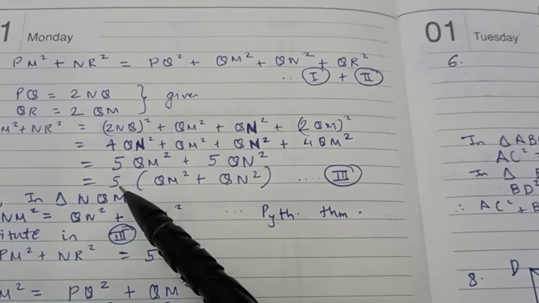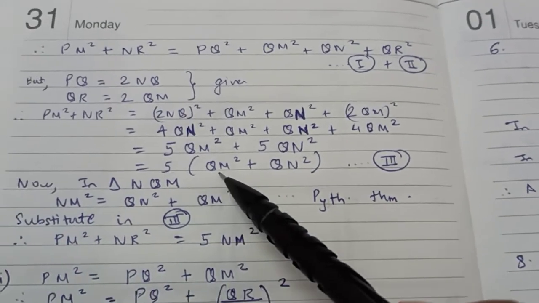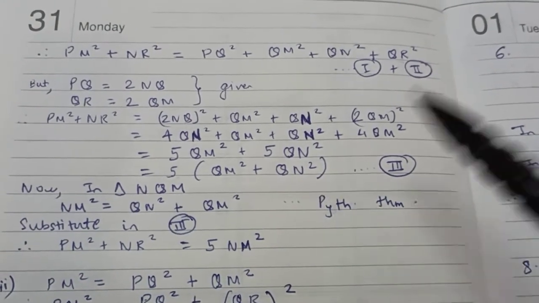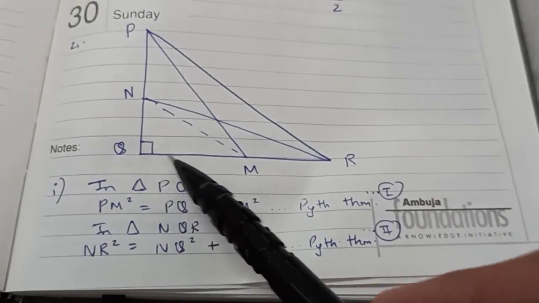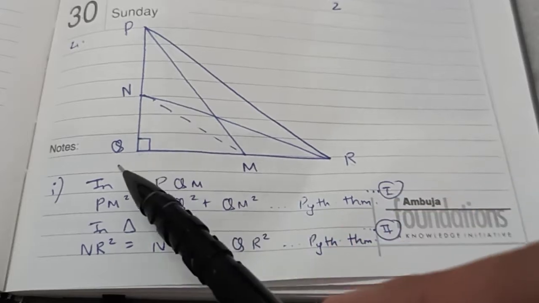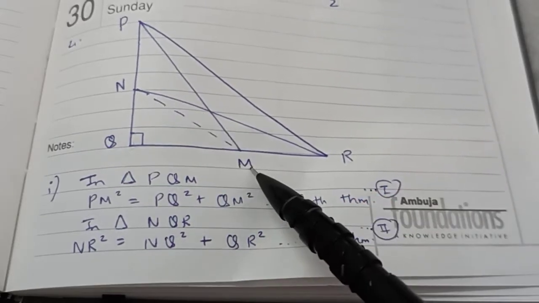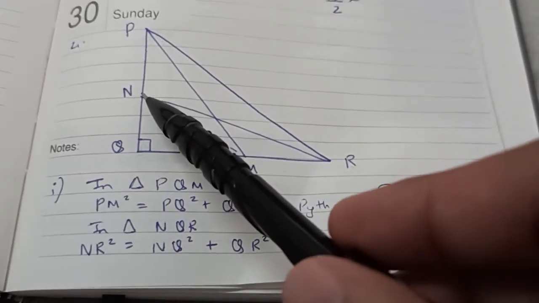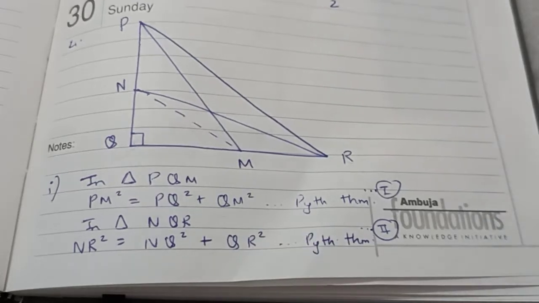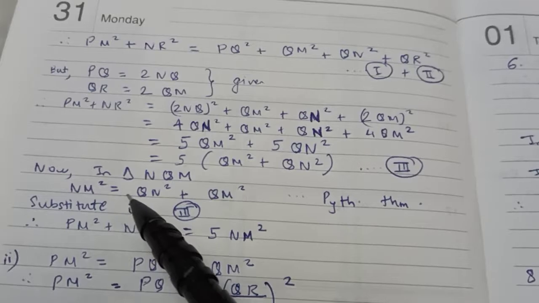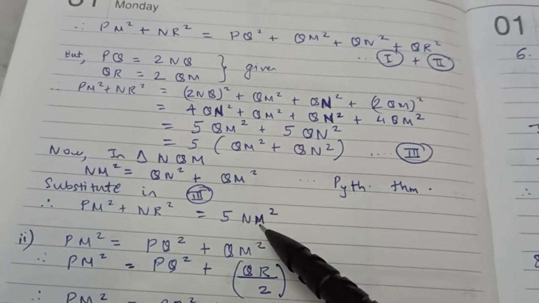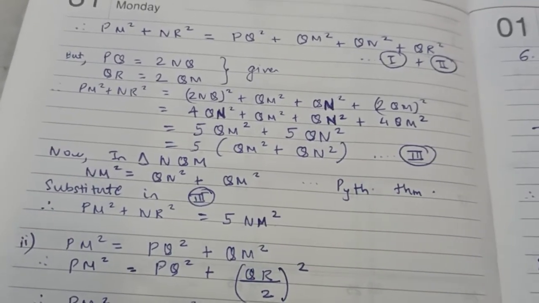Take 5 common. So in the RHS what we get is QM squared plus QN squared. If you look at the diagram, QM squared plus QN squared is NM squared because it's a right angle triangle NQM. So again we have to use the Pythagoras theorem here. So that's how we get Roman number 1 proved.